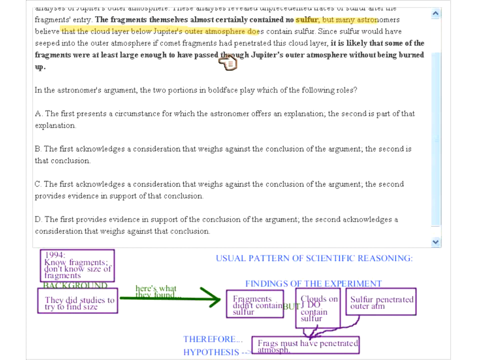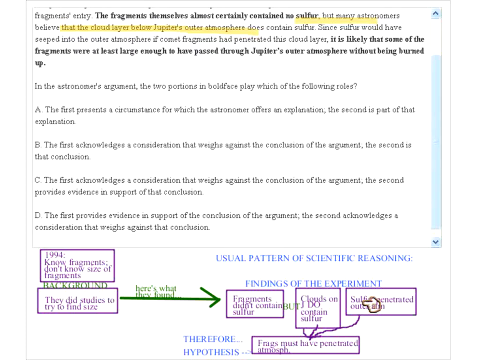When you talk about scientific experiments, almost always it's, here's the background, here's what they found, therefore, here's their hypothesis. It doesn't make sense to say, here's their hypothesis, therefore, here's what they found. That's not how scientific experiments work. You don't make a hypothesis before you see any data.